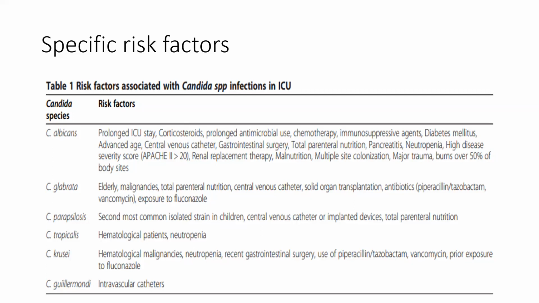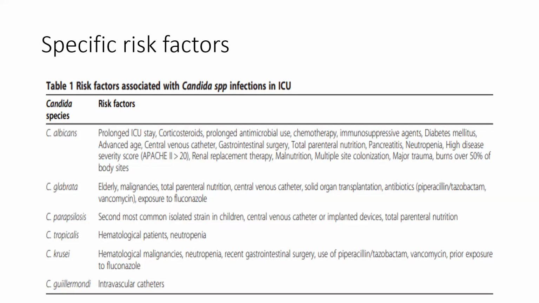Candida glabrata: elderly, malignancies, total parenteral nutrition, central venous catheter, solid organ transplantation, antibiotics like piperacillin-tazobactam, vancomycin, exposure to fluconazole. Then Candida parapsilosis is the second most common isolated strain in children: central venous catheter or implanted devices, again total parenteral nutrition.